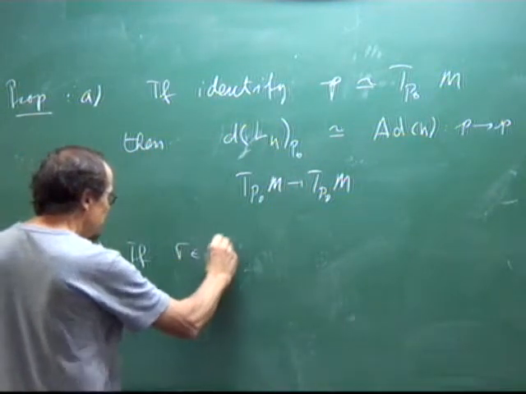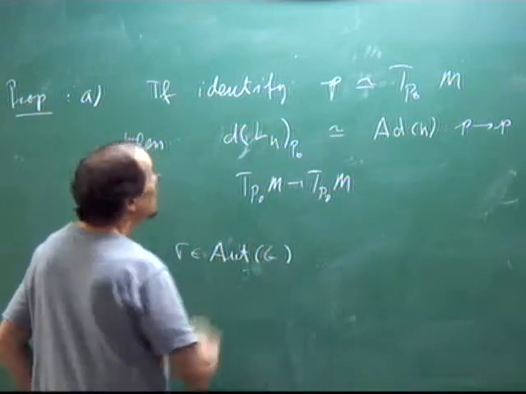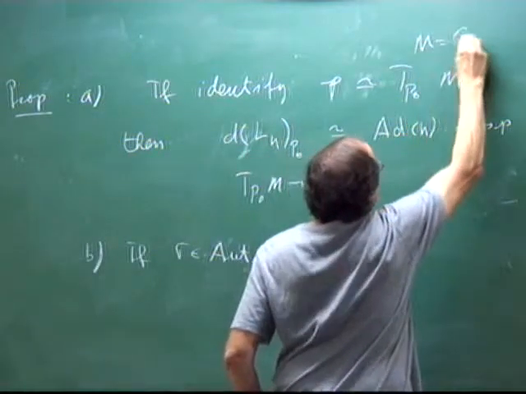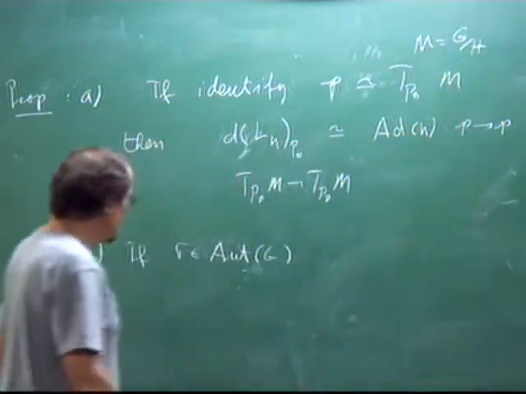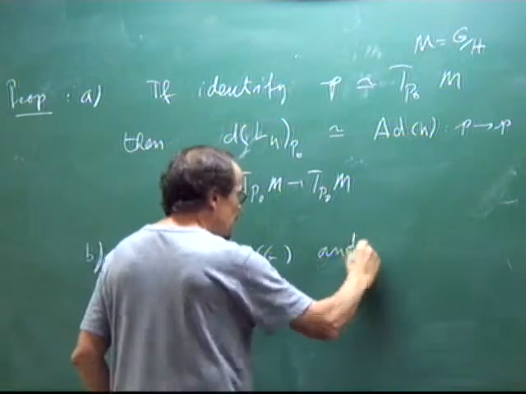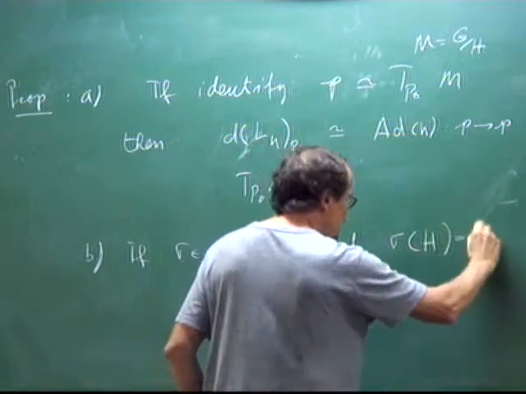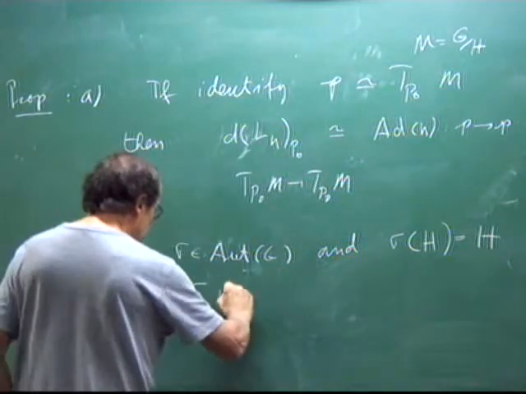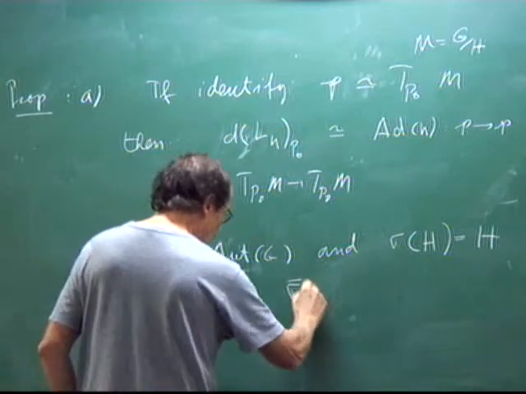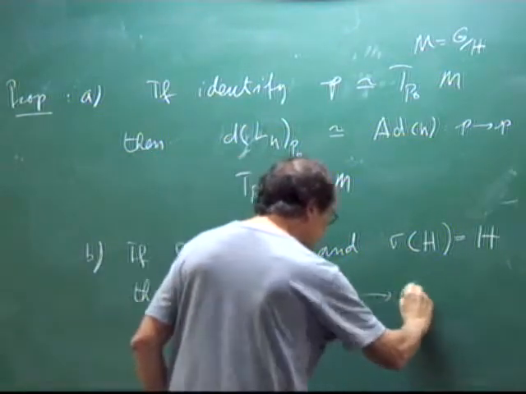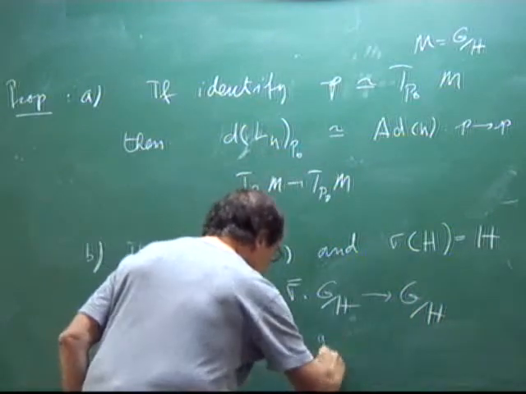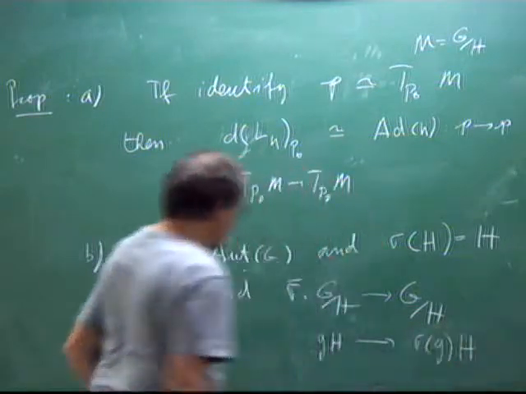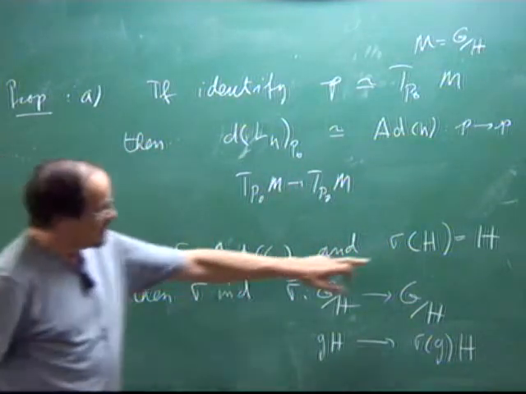If sigma is an element in Aut(G), so here, of course, implicit is also that M is G mod H. If sigma lies in Aut(G), and sigma of H is equal to H, then sigma induces a diffeomorphism from G mod H to G mod H, which takes a coset gH into sigma of g times H. That's well defined because this takes H to H. Right?